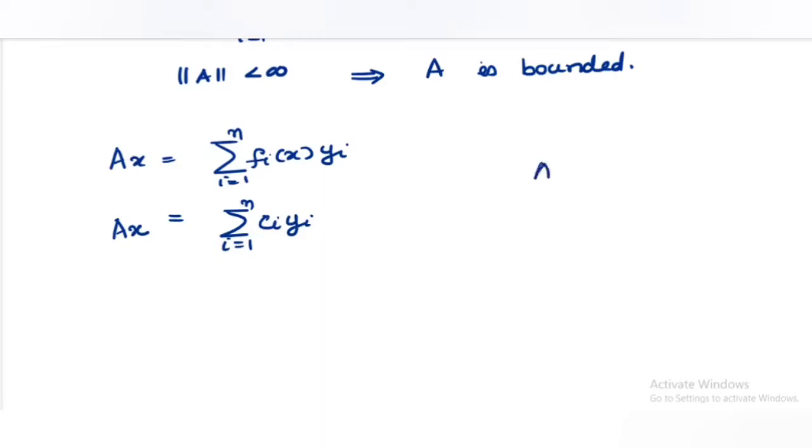A is a map from X to Y, yi belongs to Y, and each Ax is a linear combination of yi.